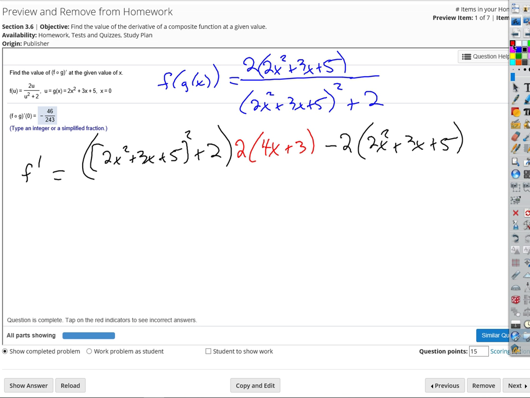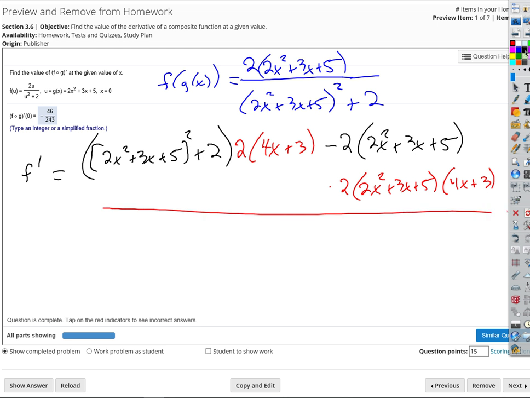And I can't even write all this stuff down. So this is same line, times 2 times the quantity 2x squared plus 3x plus 5 to the 1 times the derivative of that. It looks terrible, but who cares? All that stuff divided by the bottom squared. That's horrible, right? But who cares?